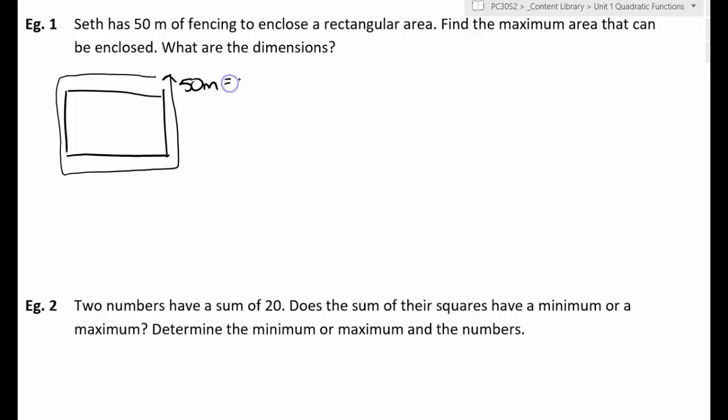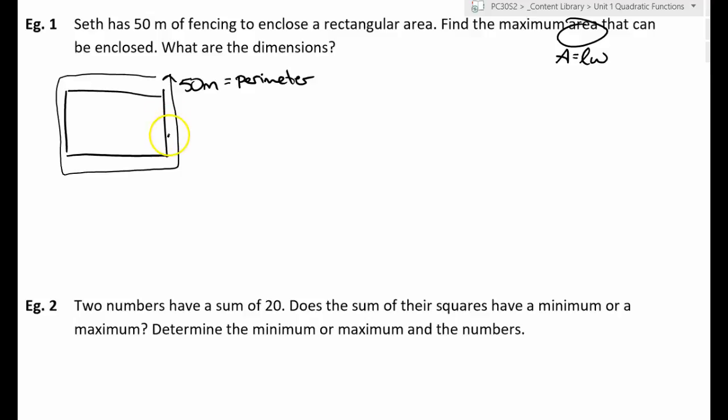Remember, it's the perimeter. Find the maximum area. Remember, area of a rectangle is length times width, that can be enclosed. What are the dimensions? So we need to maximize the area and figure out the dimensions.